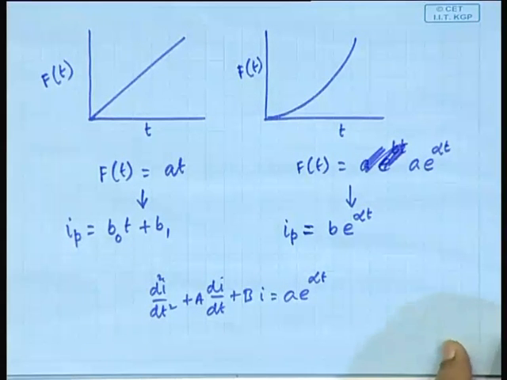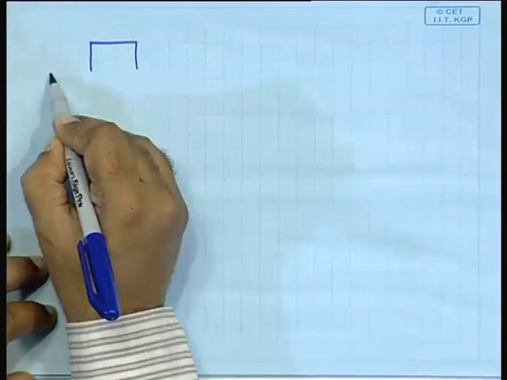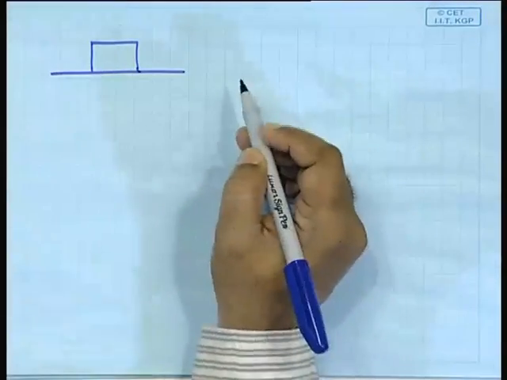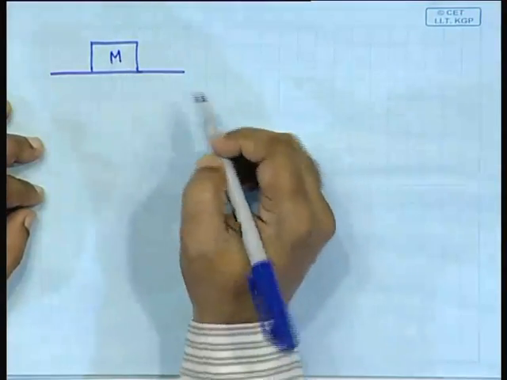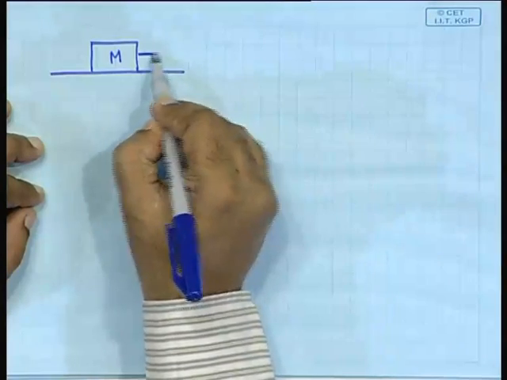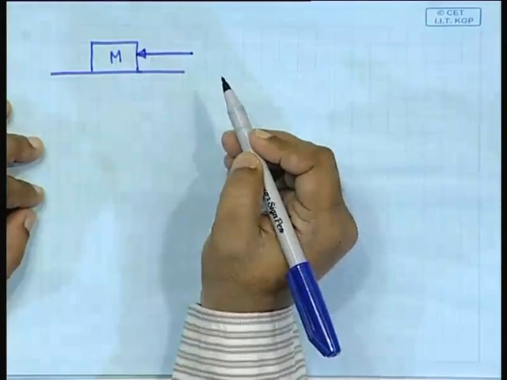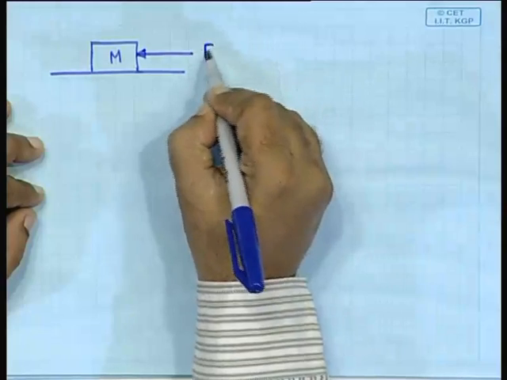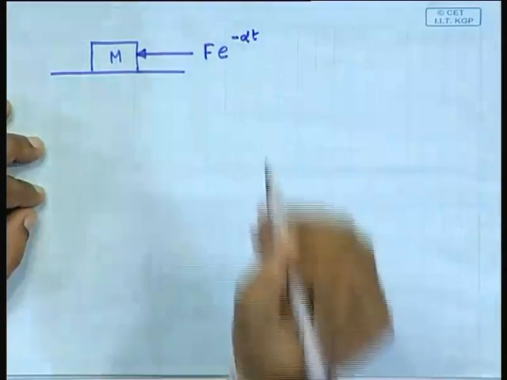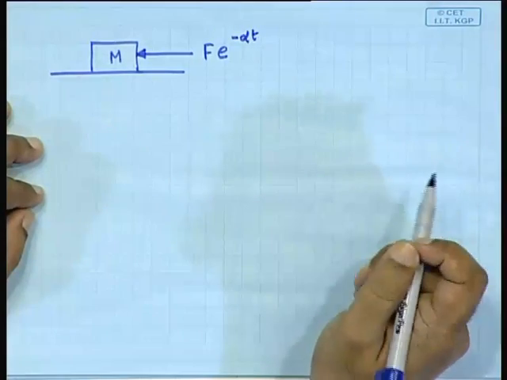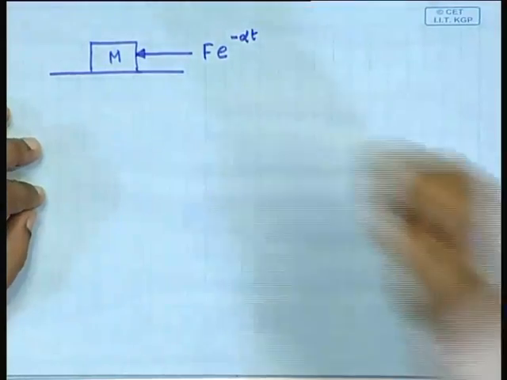Got it? So, let us do one exercise with this kind of a situation. Suppose you have got a mass m resting on a plane, and suppose it is being acted on by a force which is f e to the power minus alpha t, which means this force itself is exponentially decaying.